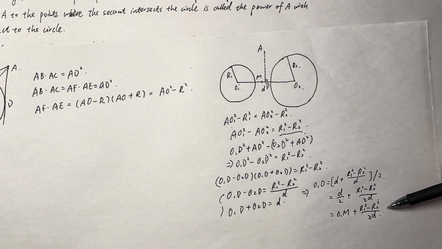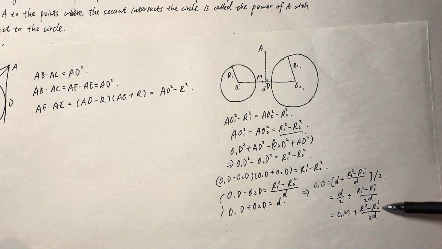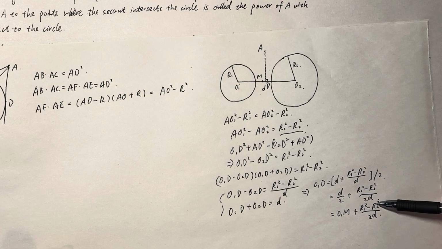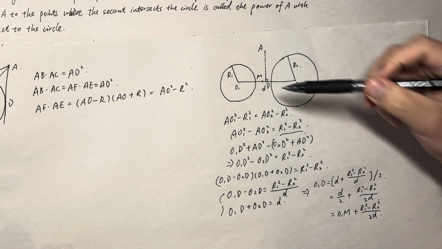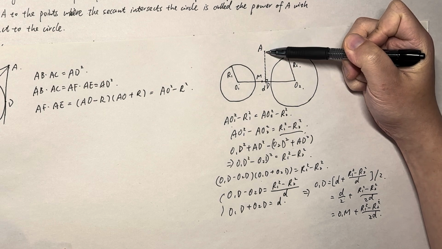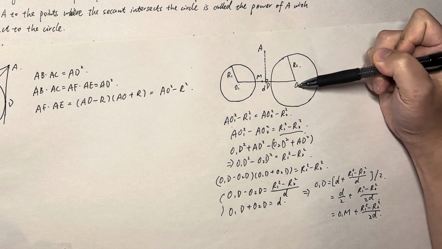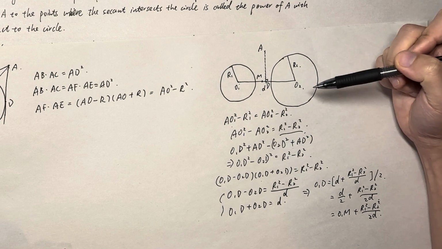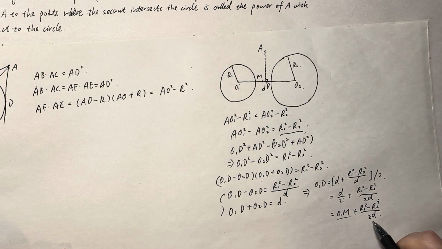Right, for given circles, we already know that R1, R2, and d are all constant. So this is constant, which means the distance from O1 to the projection point of A onto O1O2 is constant, right? Because this is constant, this is constant.